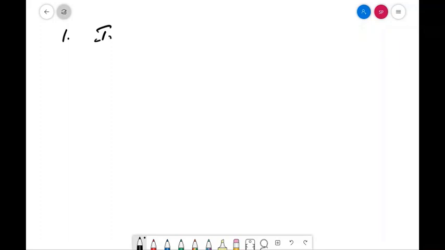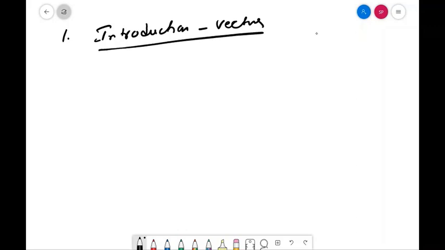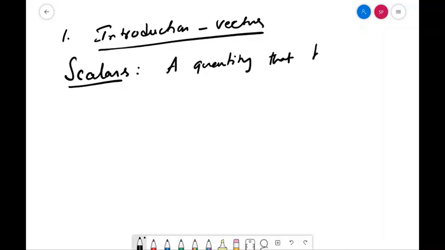So, before defining a vector, let us talk about scalars. What are scalars? In physics or in other sciences, we have learned these things. A quantity that has only magnitude, we call it a scalar, and we have known scalars.